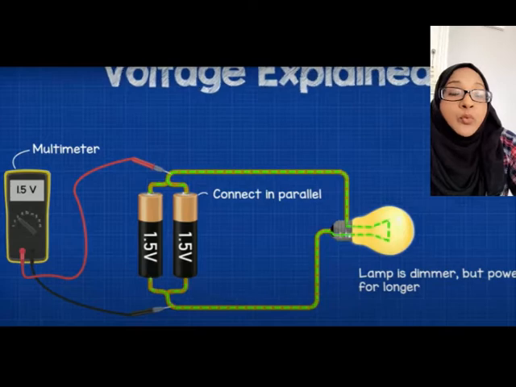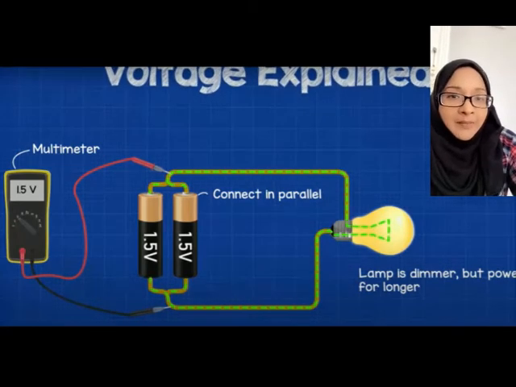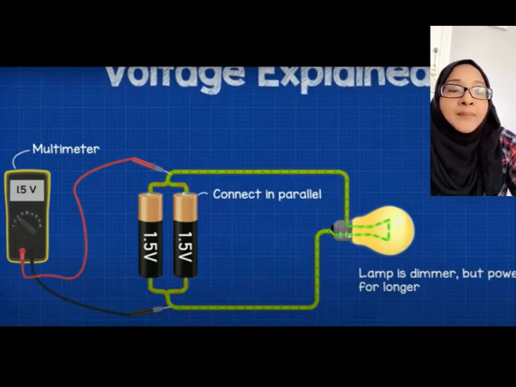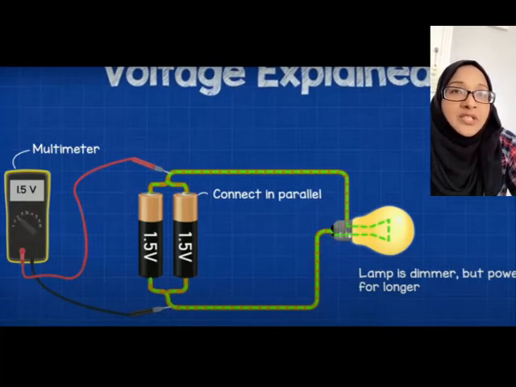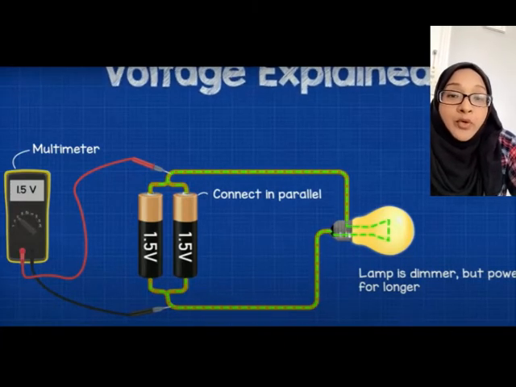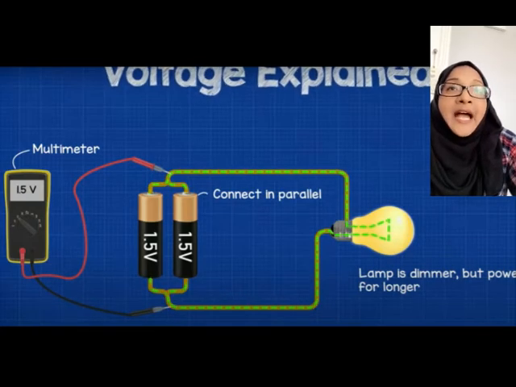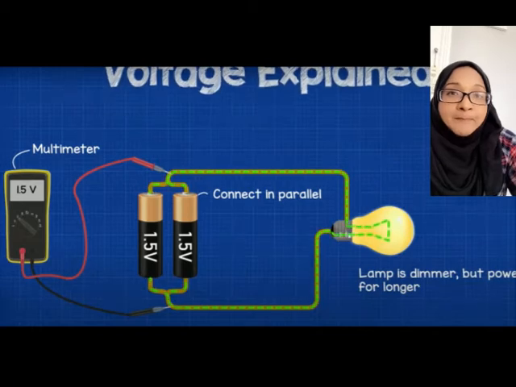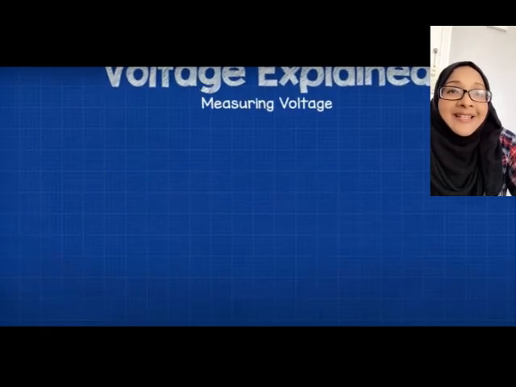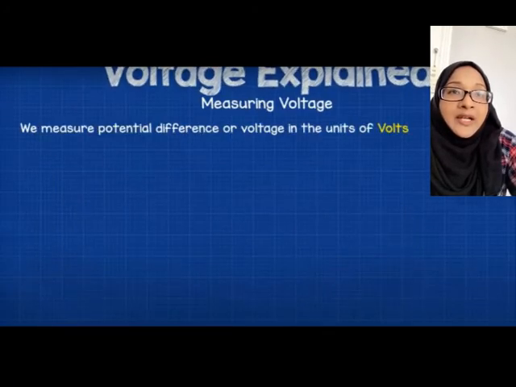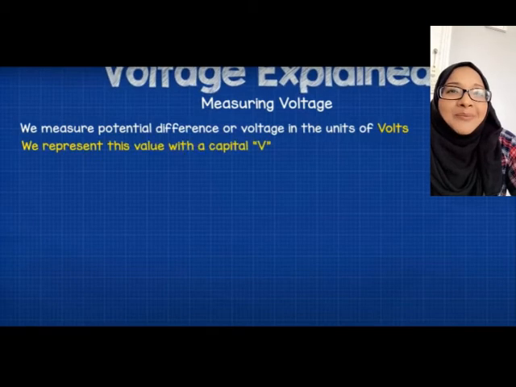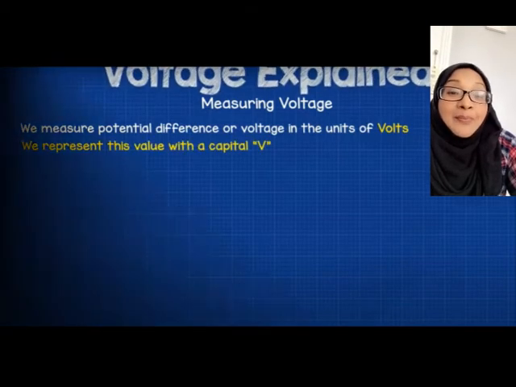Therefore, the batteries will provide the same amount of energy, so the voltage isn't going to get combined. And because the voltage isn't boosted, we will only get 1.5 volt. The workload is split by the two batteries, which means the bulb will be powered for longer and will be dimmer.